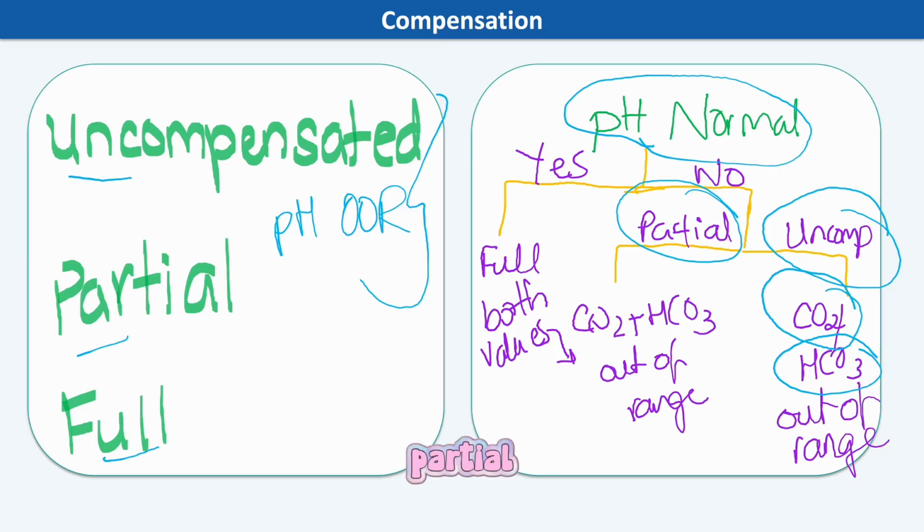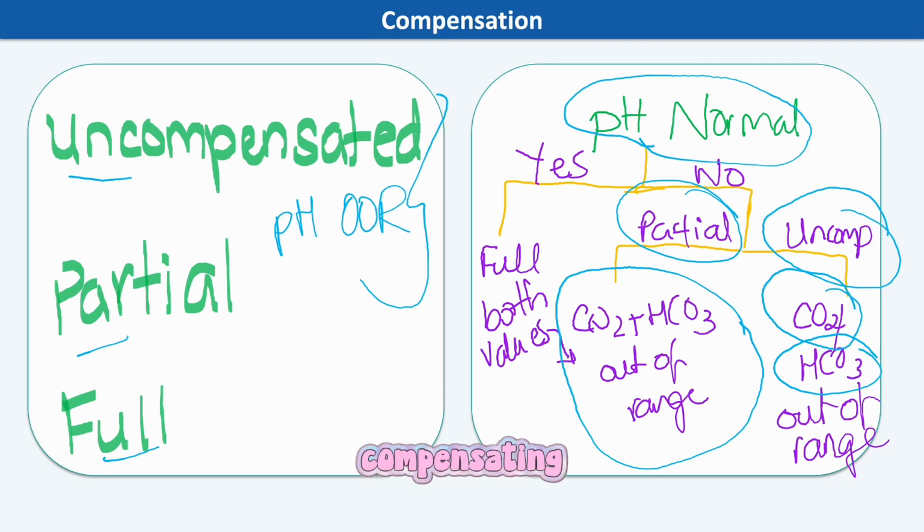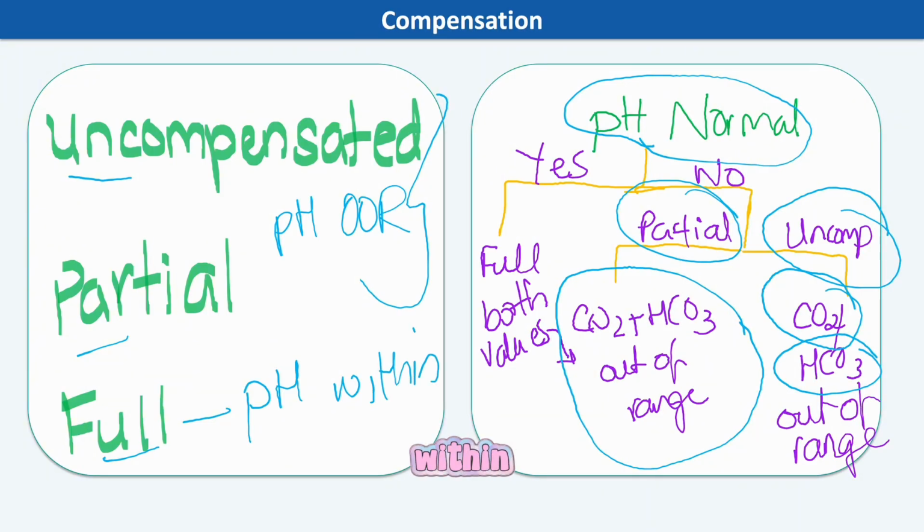For partial, the pH is out of range and both of these are out of range. So they're trying to maintain the balance, but they're not. So it's partially compensating. Now for full, the pH is within range, but both the values, carbon dioxide and bicarb, are out of range.